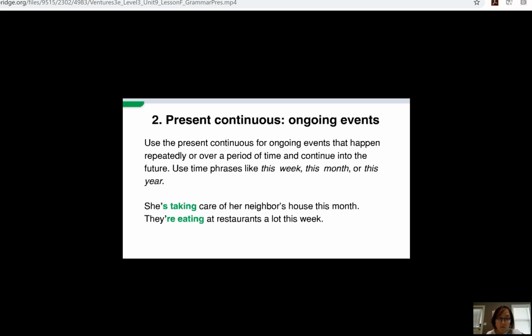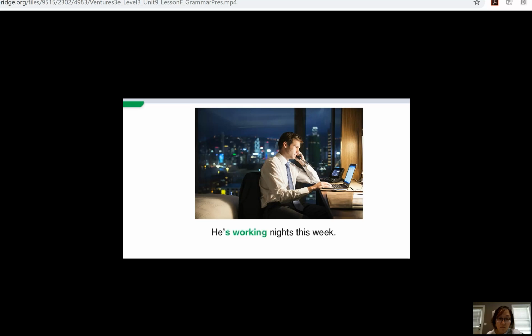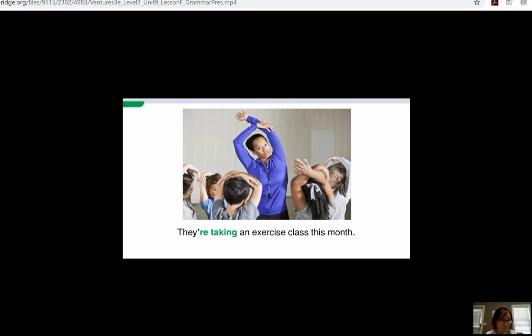They are eating at restaurants a lot this week. He's riding his bicycle to and from work this year. He's working nights this week. They're taking an exercise class this month.